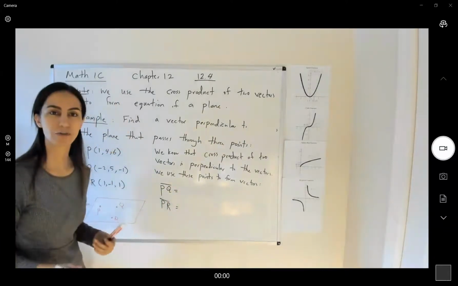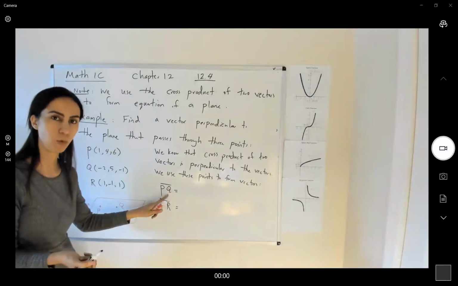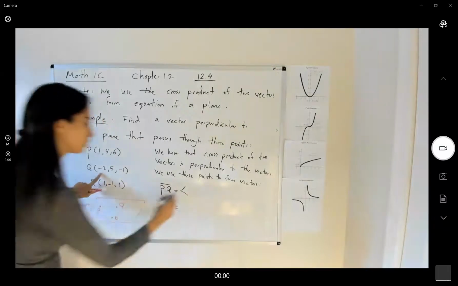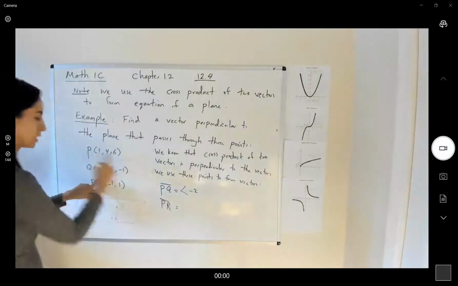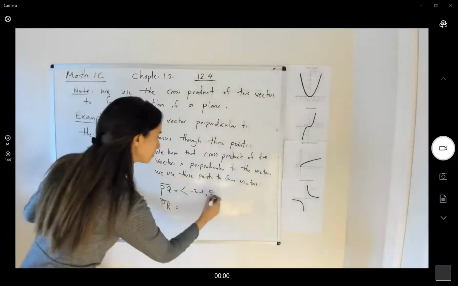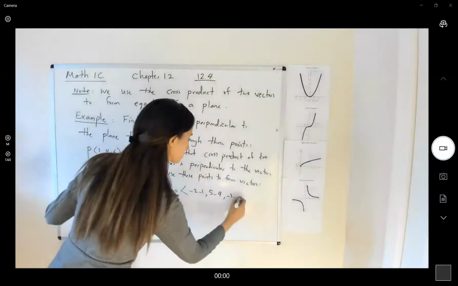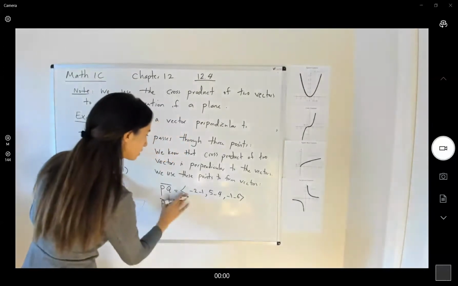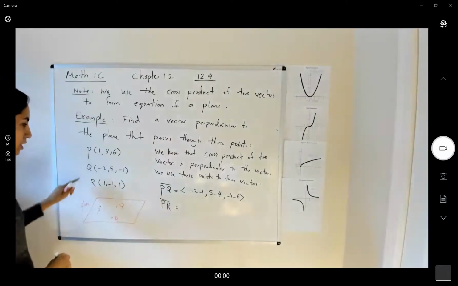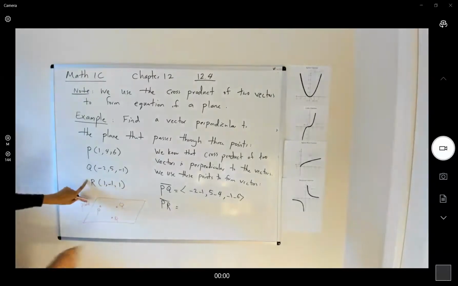Remember that to form a vector, we write the components of the second point first. So it's going to be like this: Q, -2 minus 1, comma, 5 minus 4, comma, -1 minus 6. So this vector, and the second vector, PR. The second point's components come first.